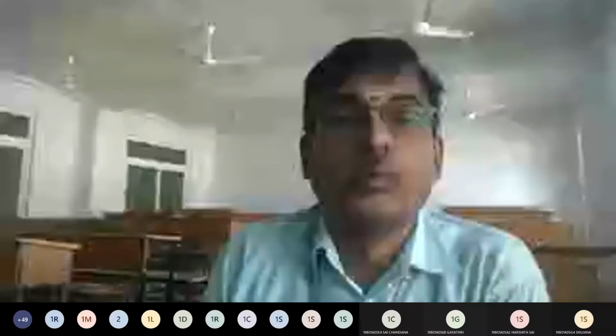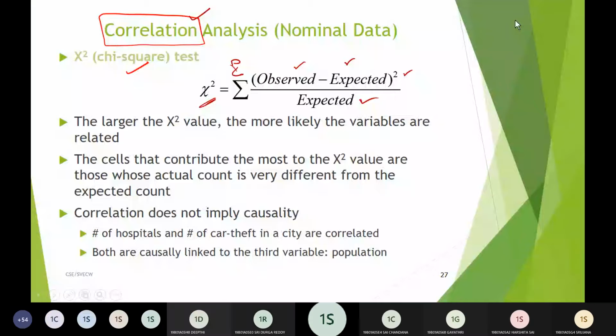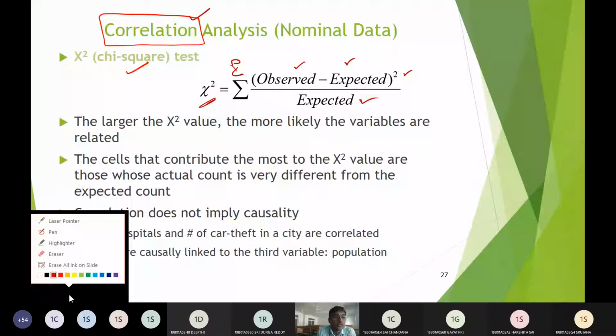We will calculate the correlation with this formula, that is observed minus expected.